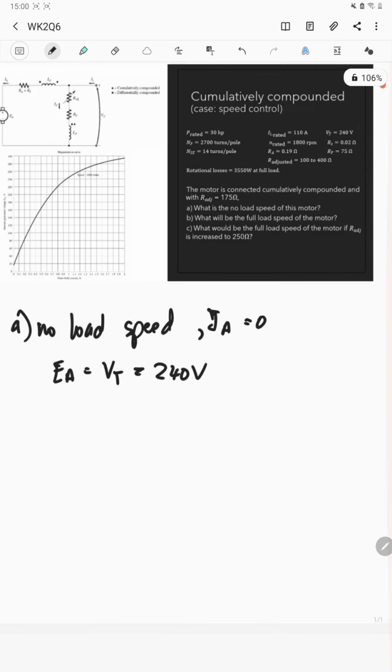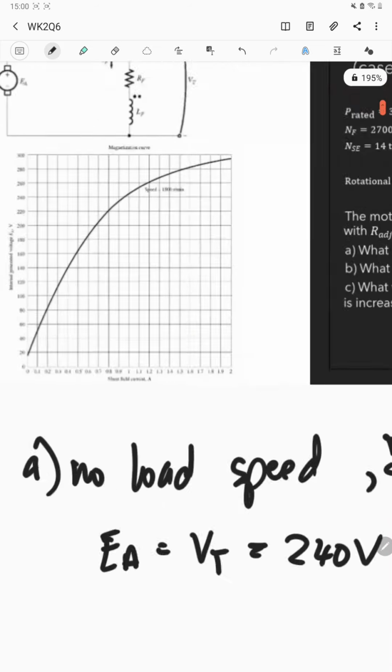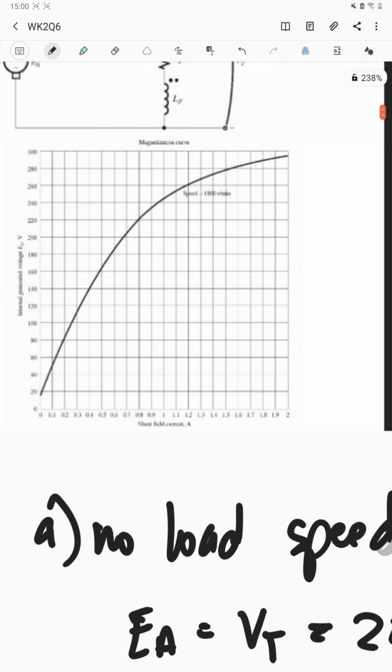So we are given the magnetization curve to find out how much internal generated voltage we get at a certain speed. From the magnetization curve, the independent variable is on the x-axis, which is the shunt field current. So if we want to read anything from the graph, we need to find the field current that we have right now.